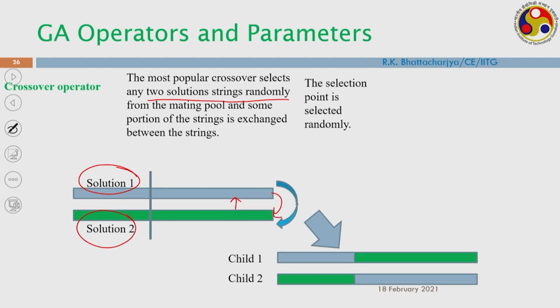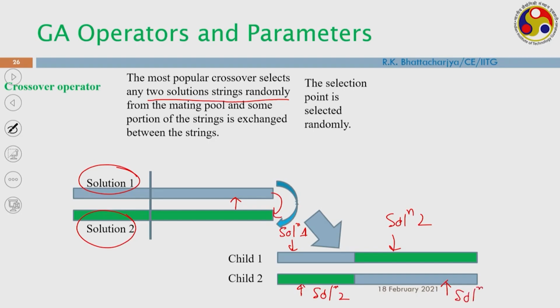So you get a new string: one portion is from solution 1 and the other portion is from solution 2. Similarly, for the second new string, one portion comes from solution 2 and the other from solution 1.